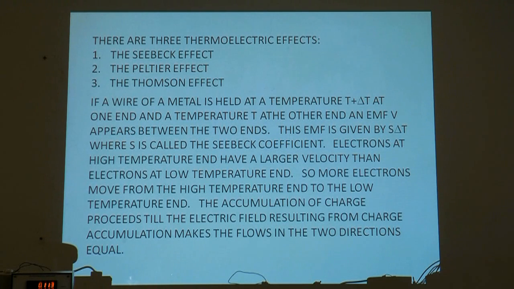How does it arise? Electrons at the hot end have a higher kinetic energy and higher velocity than electrons at the cold end. So, more electrons from the hot end come towards the cold end than electrons going from cold to the hot end.